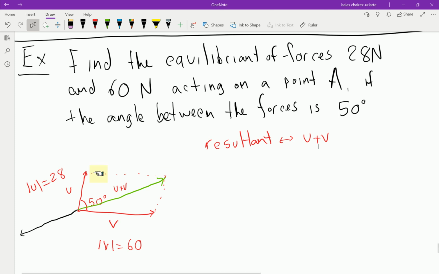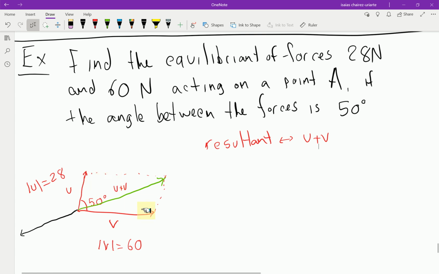Let me remind you, this angle of 50 and this other angle over here should be equal. This angle right here and this angle should be equal, and the sum of the interior angles of a parallelogram adds up to 360. So if this is 50 and this is 50, that's 100 degrees. Then that means the other two angles should add up to 260, and then we split them in half.